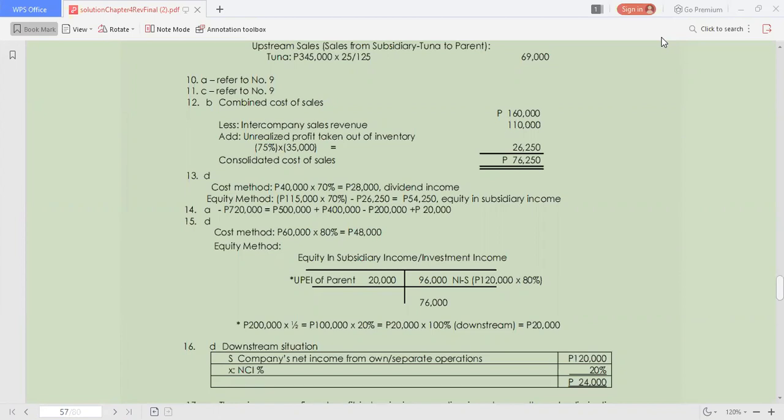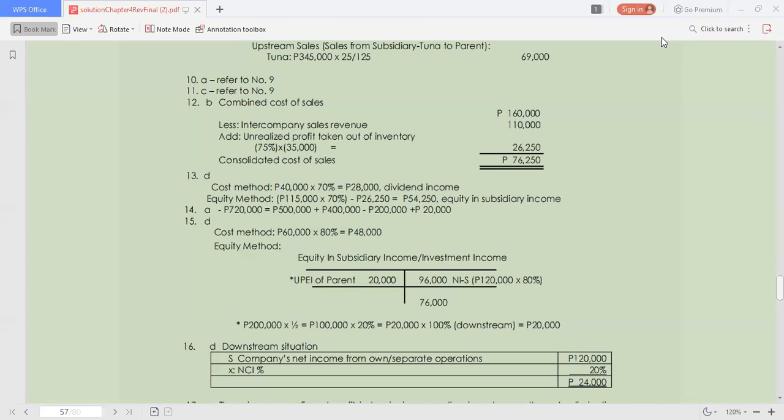We now have the amount of 76,250 for the consolidated cost of sales.